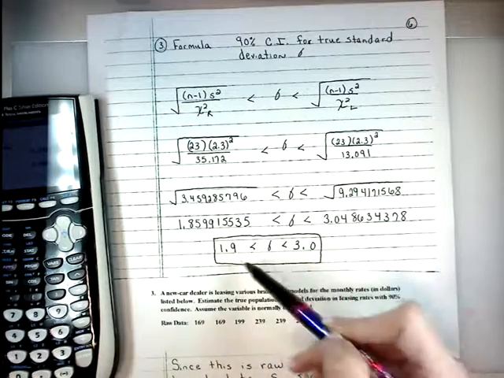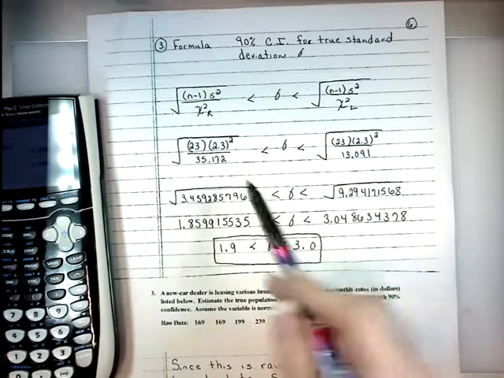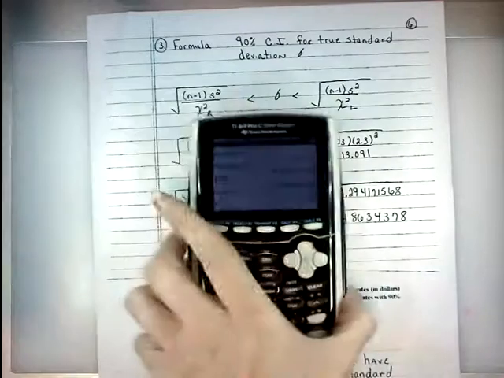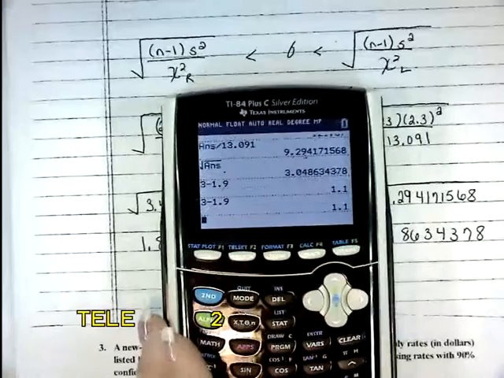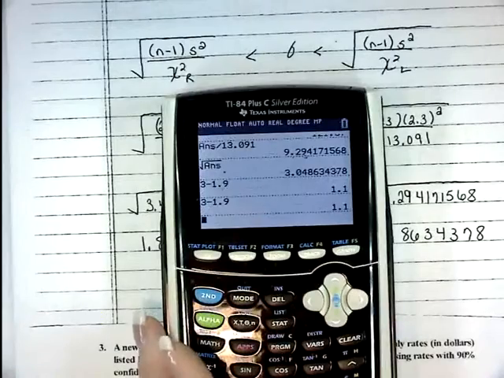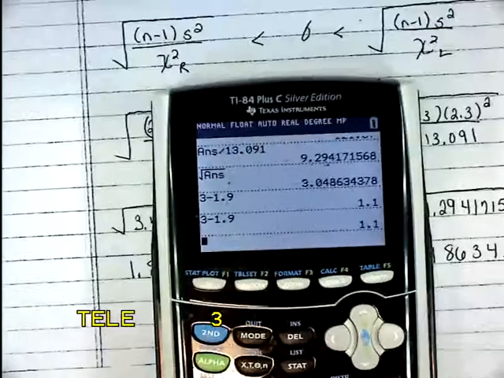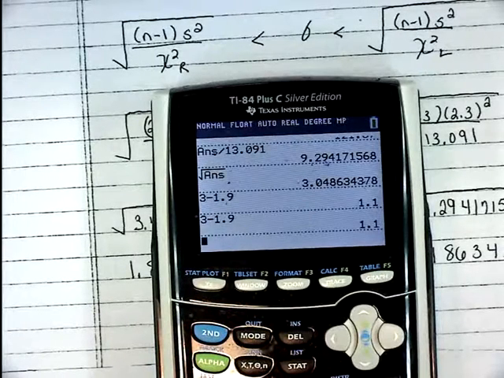Again, I can ask you for the final answer. I can ask you for chi-square from the right, chi-square from the left, and I can ask you for the confidence interval width, which is going to be 3 minus 1.9, and that width is 1.1. I will not ask you for a critical value because there's not one in this section. I just have chi-square from the right and left.